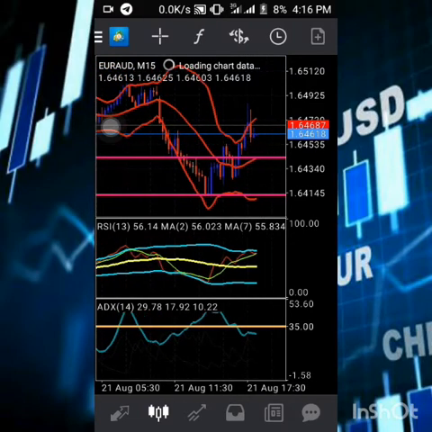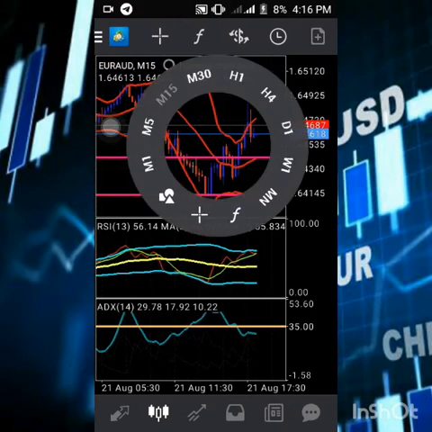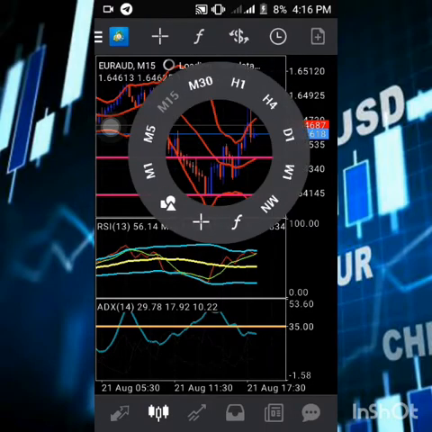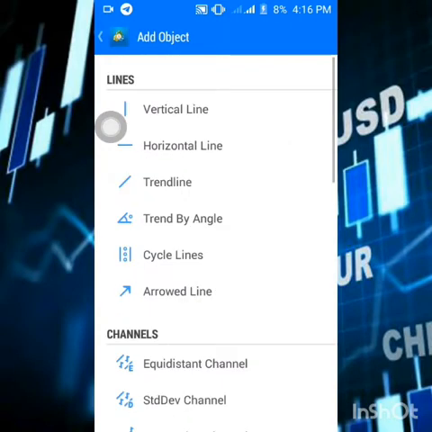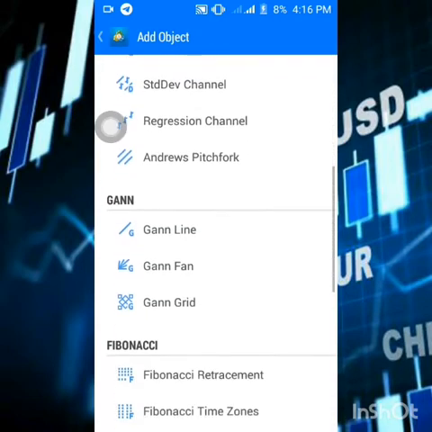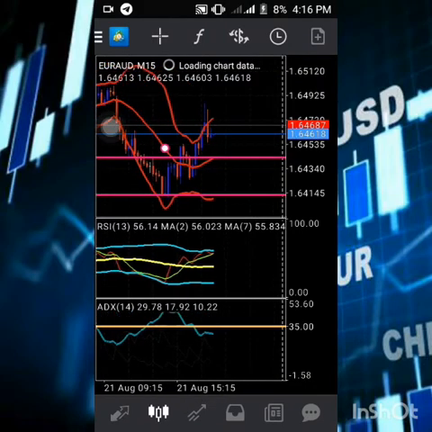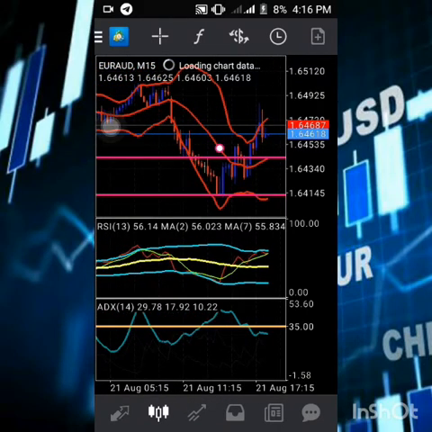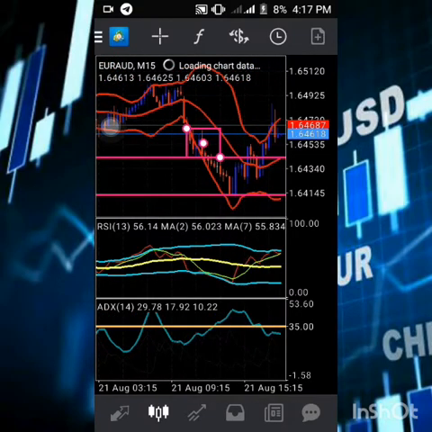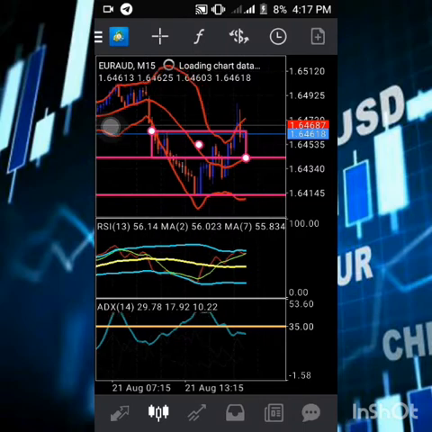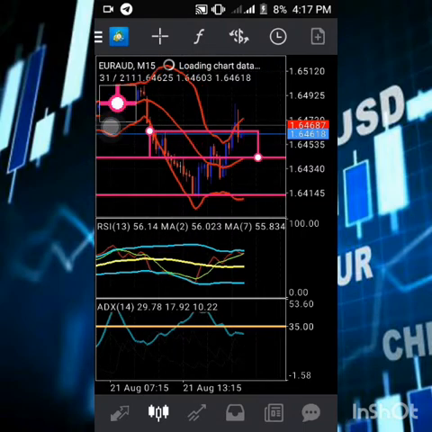So as you can see, here's our order block on our 15 minutes chart. Here it is. So we paint it yellow.